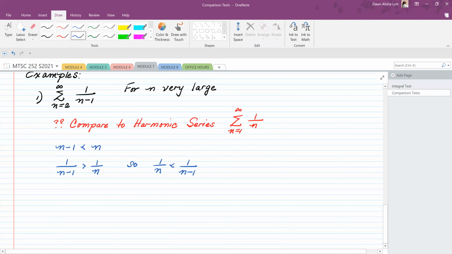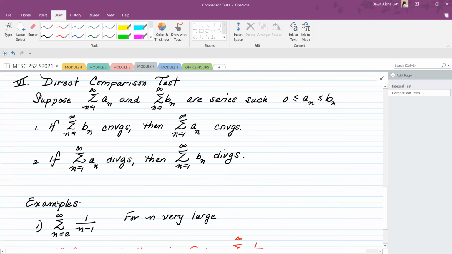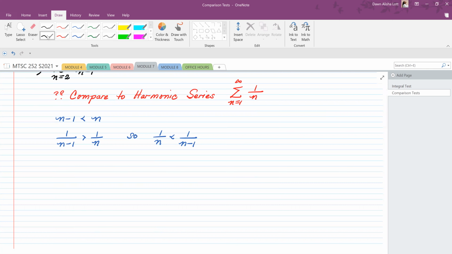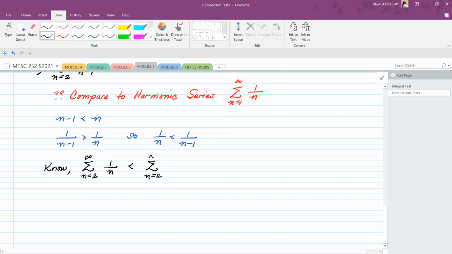So we have this condition up top that says we have a_n less than b_n, so we're good. Now we know that the summation n equals 1 to infinity, actually we can even start this one at 2, of 1 over n is going to be less than the sum n equals 2 to infinity of 1 over n minus 1.